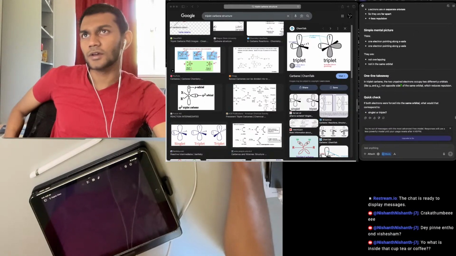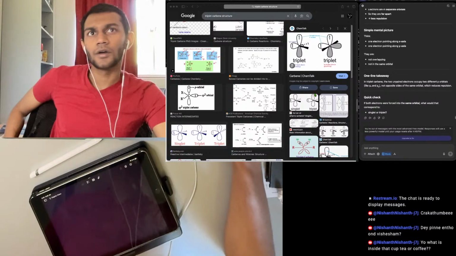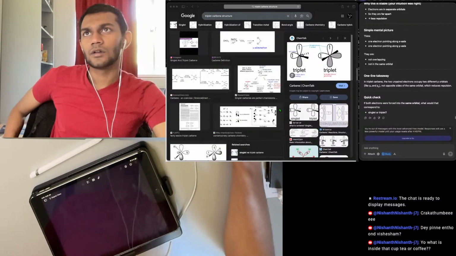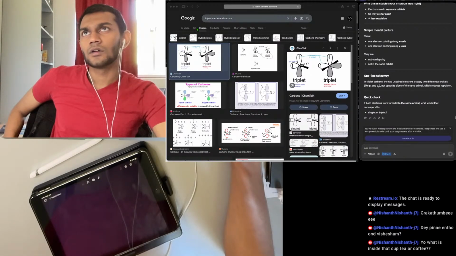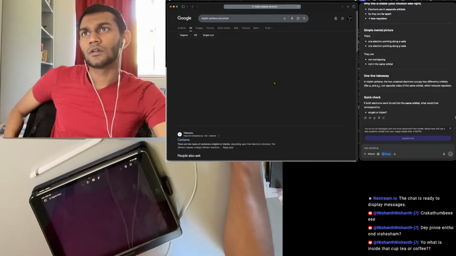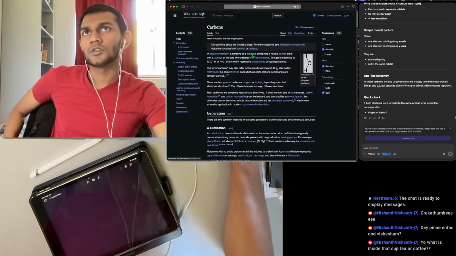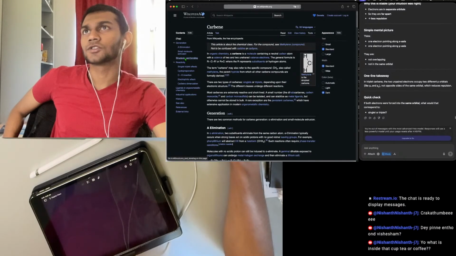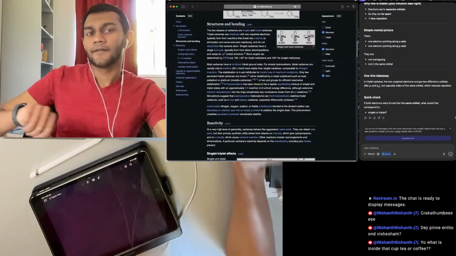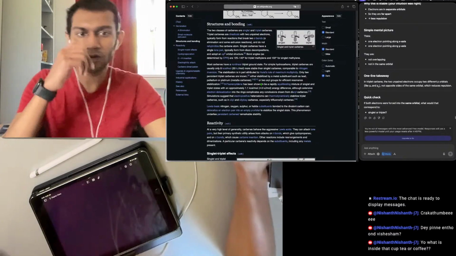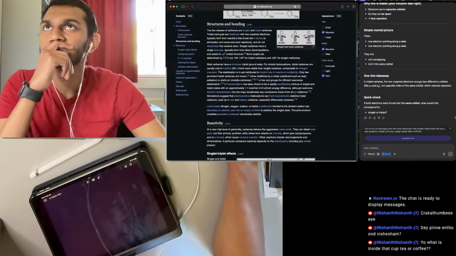GPT is just answering wrong. Carbene is a molecule containing a neutral carbon atom. I want the structure. 15 minutes, I guess organic chemistry is about to end.